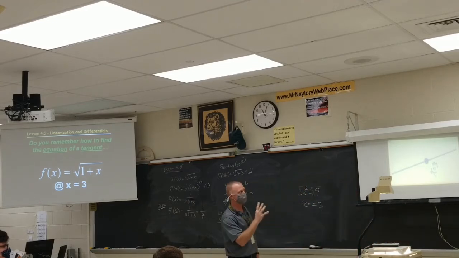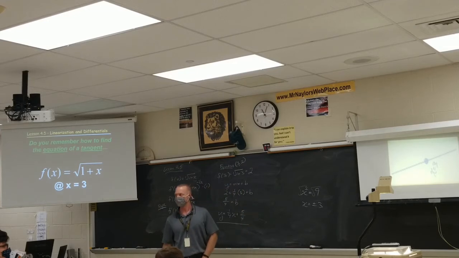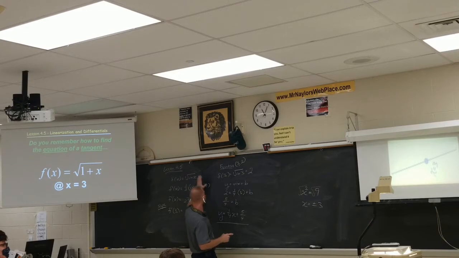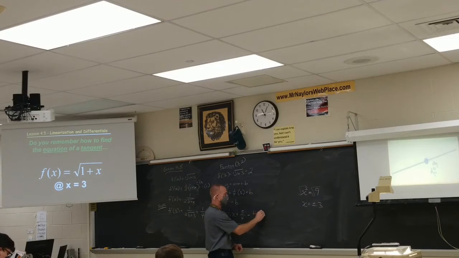I want you to say that it appears that they're the same. In fact, they're so much the same that we're able to make a statement about this tangent line. And that statement is that it approximates our linear line. We call it a linear approximation.